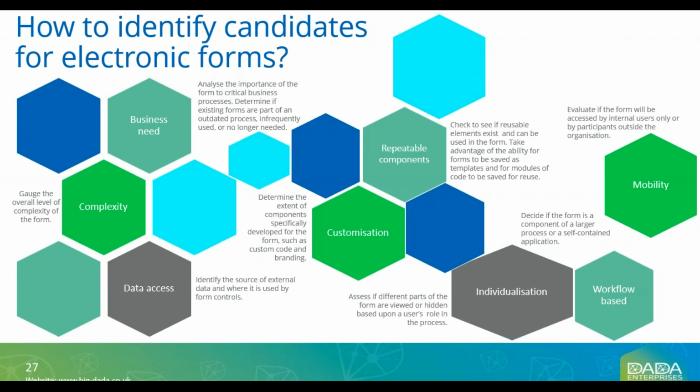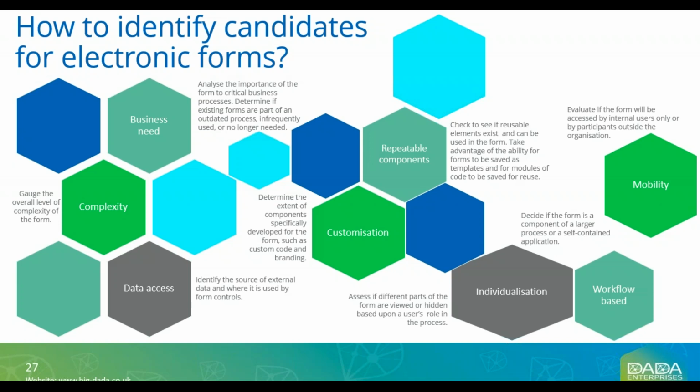So now that you've seen quick and dirty examples of what we mean by forms, workflow, etc., we'll now be talking briefly about finding the correct candidates for electronic forms. In an organization, you have many HR processes and many HR forms.